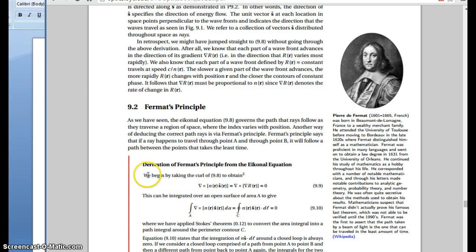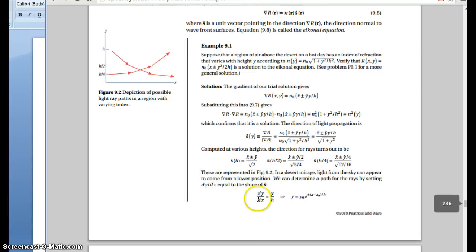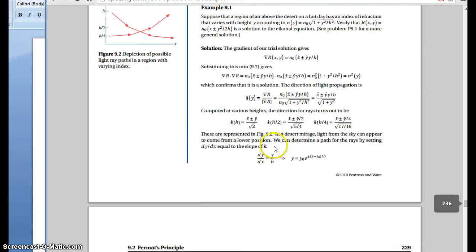When I first looked at this, I was like, why in the world are we taking the curl here? It's not one of those things that would be so intuitive to derive, but we're taking the curl of the Eikonal equation.